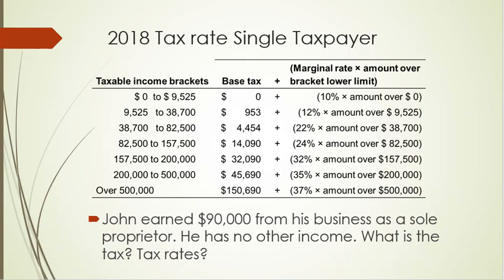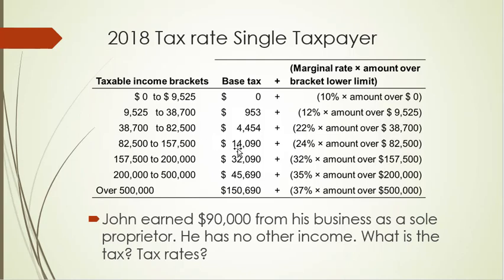This is the 2018 tax rate for single taxpayers. John here earns $90,000 from his business as a sole proprietor. He has no other income. So what is the tax and what are the tax rates? Well, to find the tax, you find the income. $90,000 is in this row.